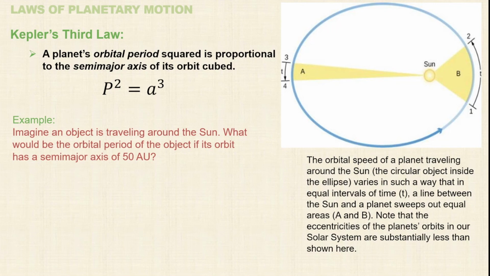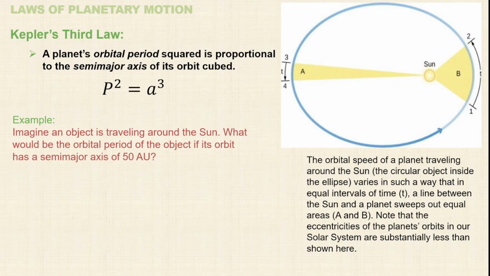Some object, and we know one thing about it: its semi-major axis is 50 AU. What would be its period? The time taken for that object to go around the Sun. Remember, Pluto takes almost 250 years to go around.